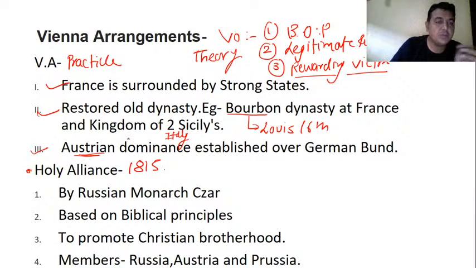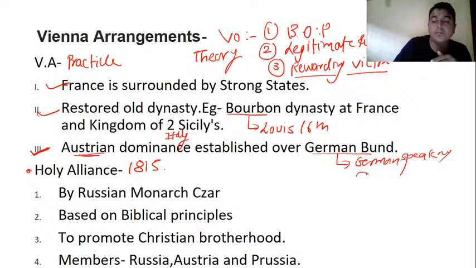So after the end of Napoleon, it was restored, and the reward was given in the form of re-establishment of their dominance over the German Bund. German Bund is basically the German-speaking area, and it is a kind of parliament. So Austrian dominance was established over the German Bund in the German-speaking area. Clear?